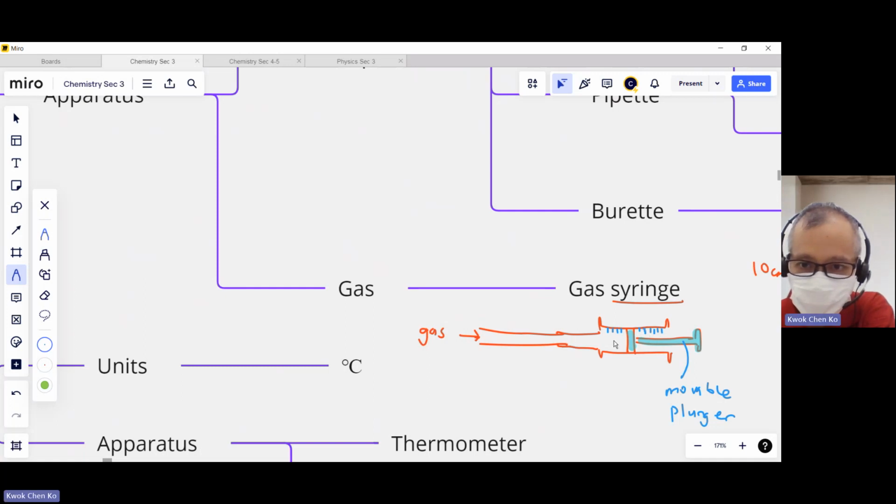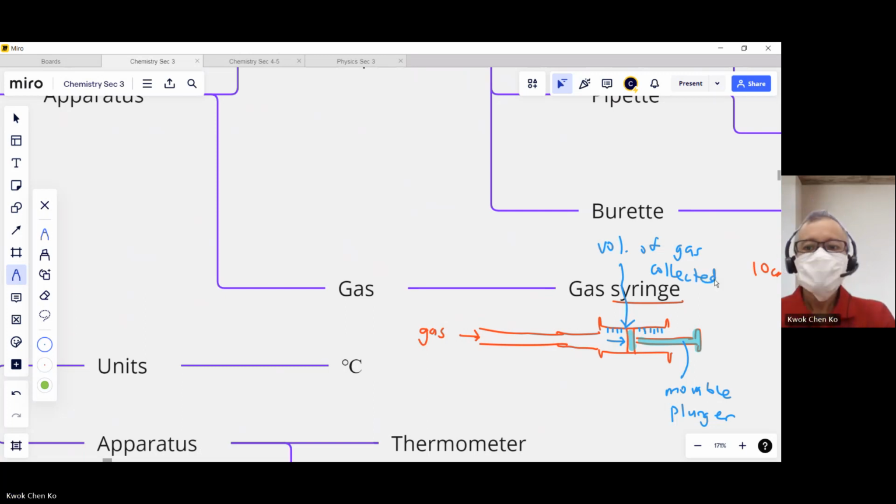So as your gas goes into here, your plunger will move from left to right in this example. And of course, this marking here will tell you the volume of gas collected. So gas syringe is used to measure volume of a gas.